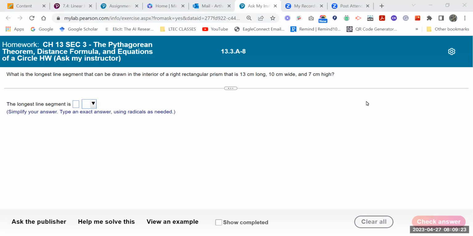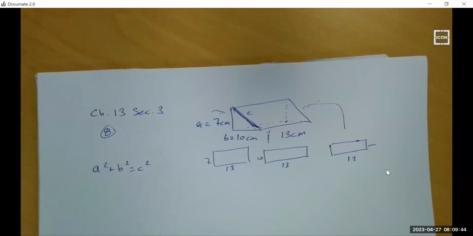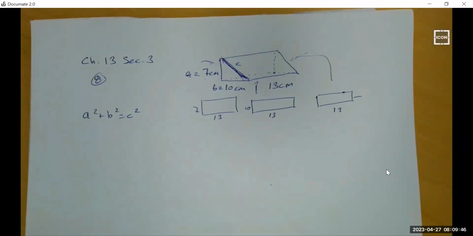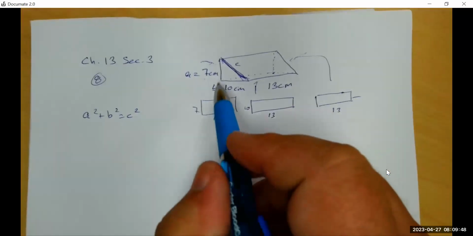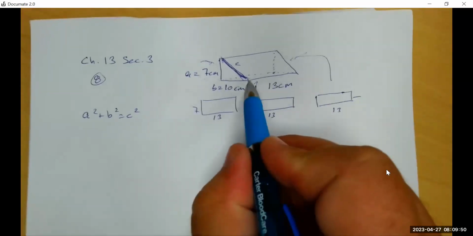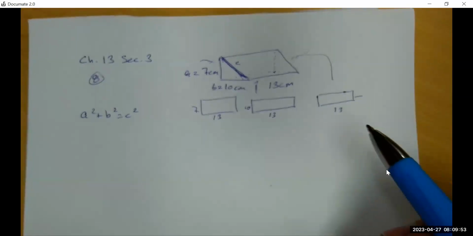So the first thing we have to do is figure out the length of this one. So a squared plus b squared equals c squared. So we have the height is 7, width is 10, length is 13.